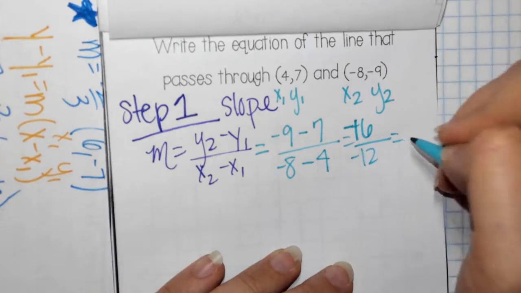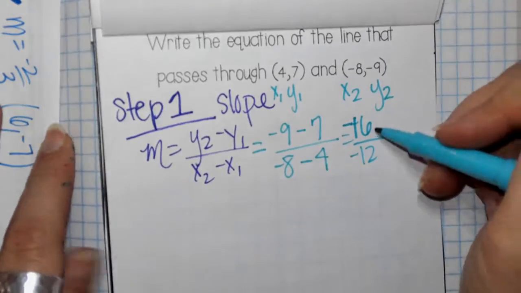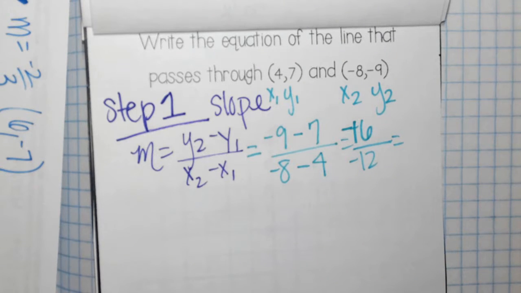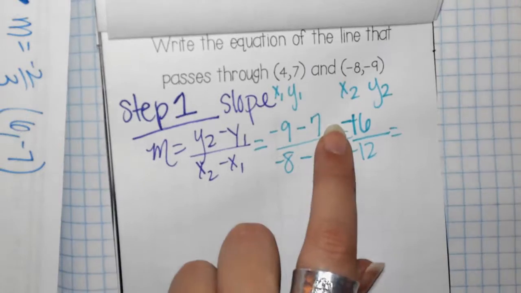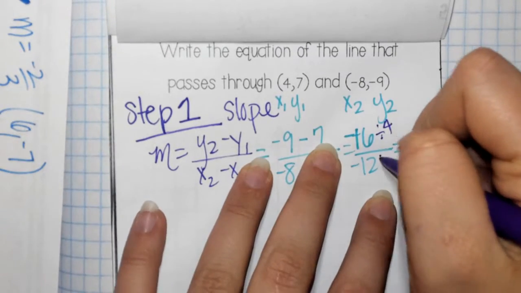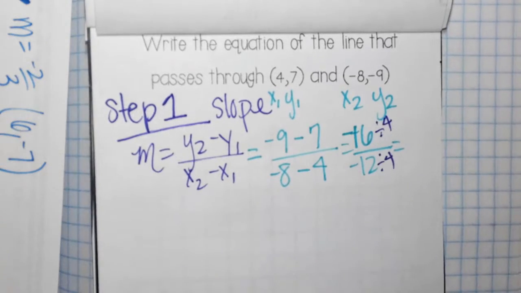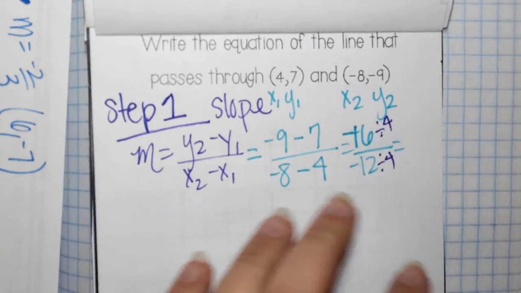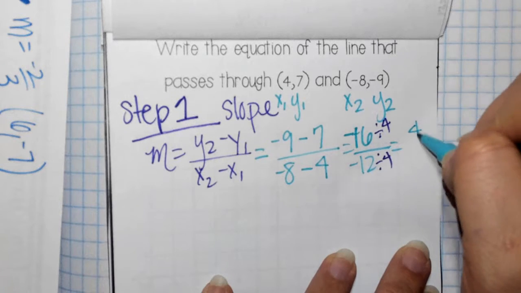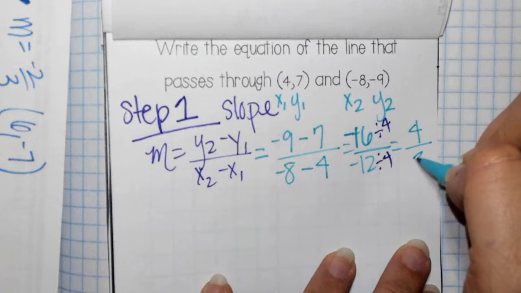What is that going to make our answer? Alright, now we need to reduce 16 twelfths. So what number goes into both 16 and 12? Bigger. 4. So divide both of those by 4. Divide your top by 4 and divide the bottom by 4. Alright, what's 16 divided by 4? And what's 12 divided by 4?